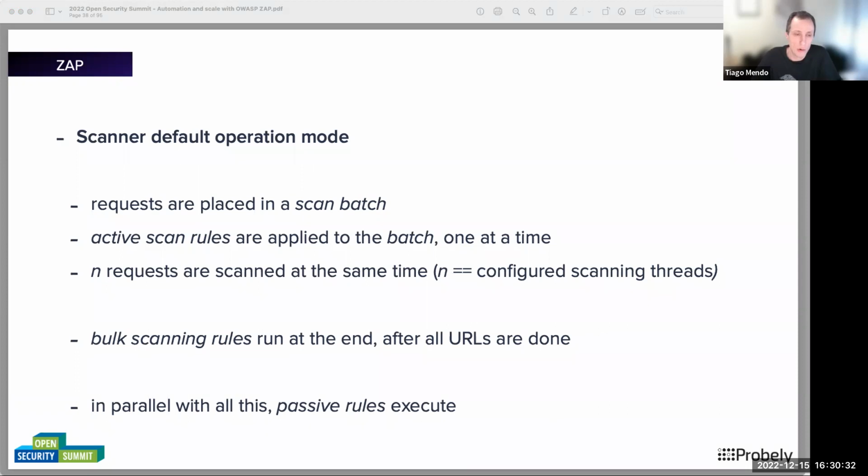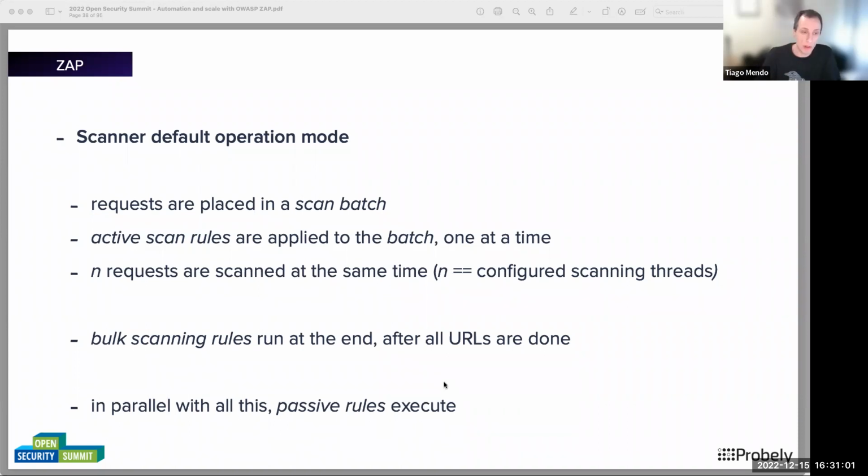These are normally rules where it's not relevant to scan all the URLs. It's only relevant to scan a single one, the root of the application. Stored cross-site scripting is also performed here because we need to know all the URLs beforehand and check them all for the echoes of the payloads.